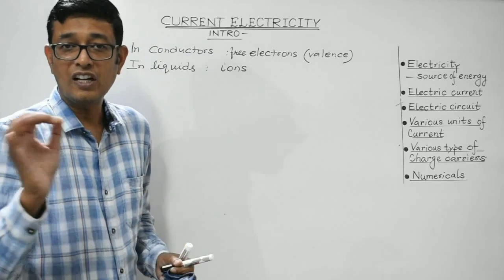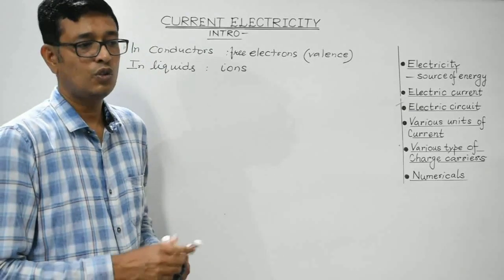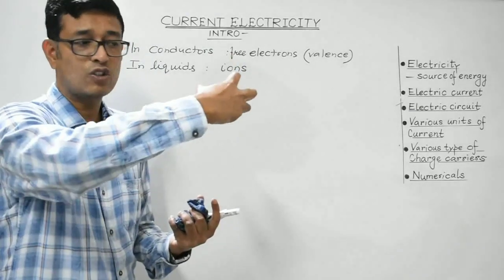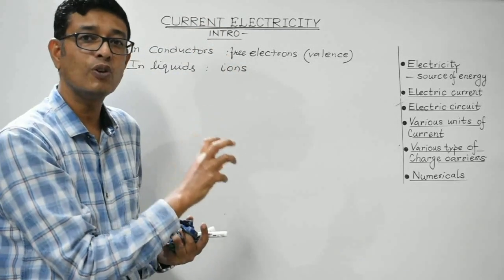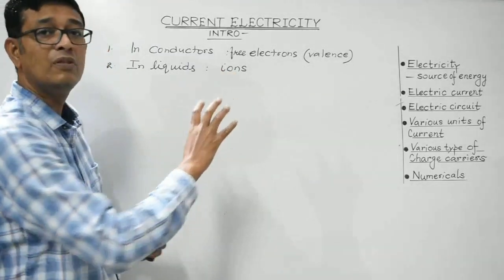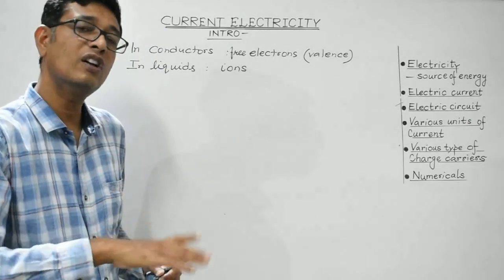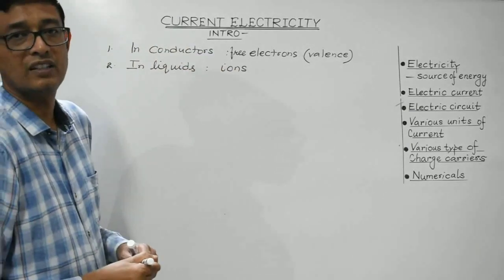So the charge carriers in liquids are ions, right? So a normal atom is electrically neutral. When an electron is extracted from it, the remaining atom becomes a positive ion, right? So an ion carries some charge, either positive or negative. Accordingly, it is known as anion or cation, right? So in liquids, ions act as charge carriers.